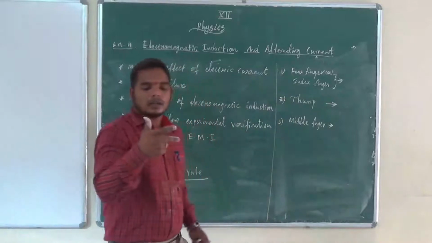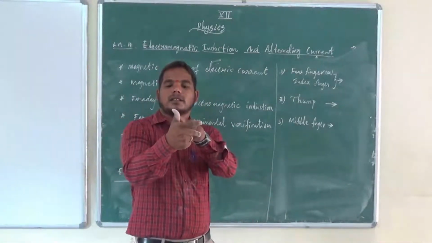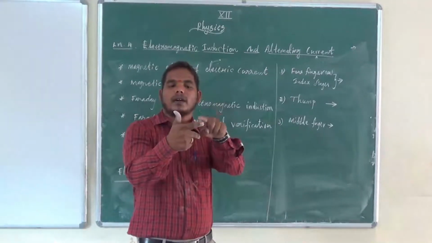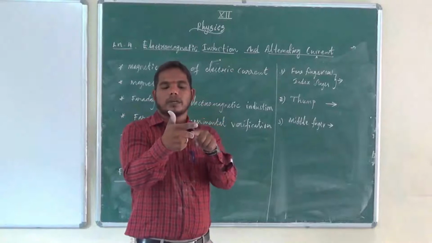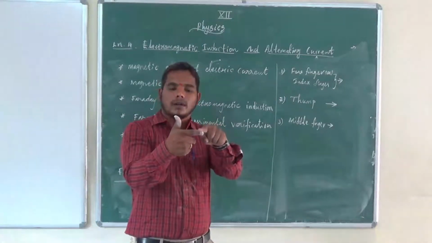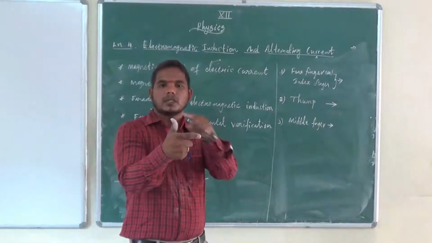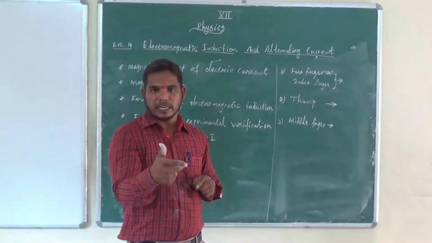So, three fingers are mutually perpendicular to each other. The thumb is perpendicular to the forefinger, the forefinger is perpendicular to the middle finger, and the middle finger is perpendicular to the index finger.